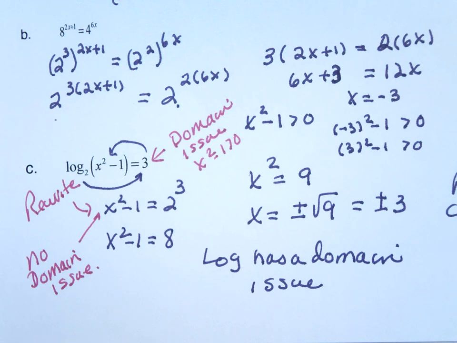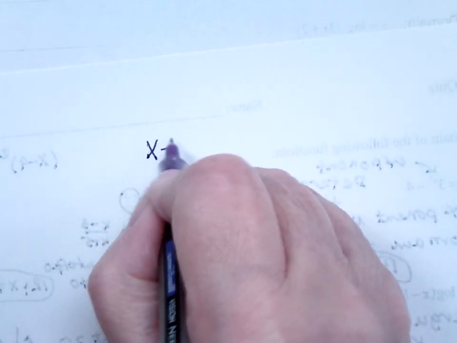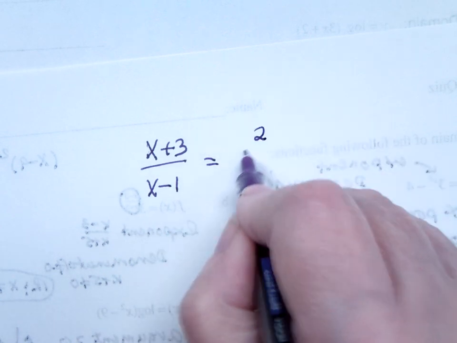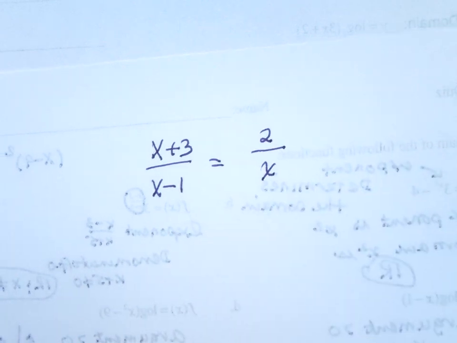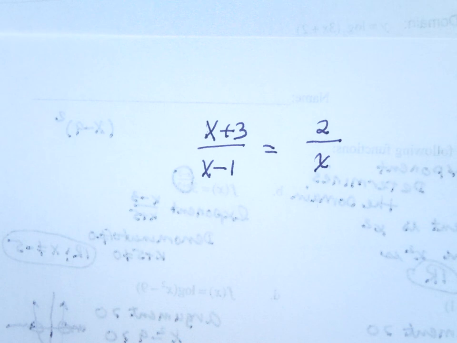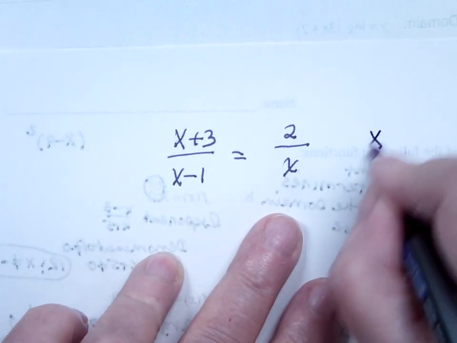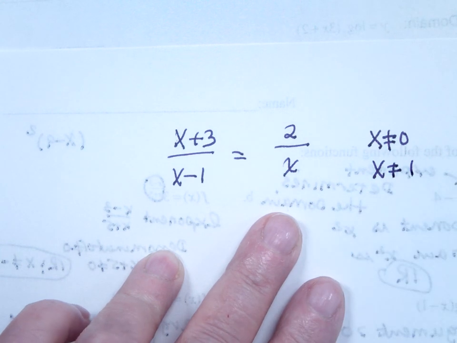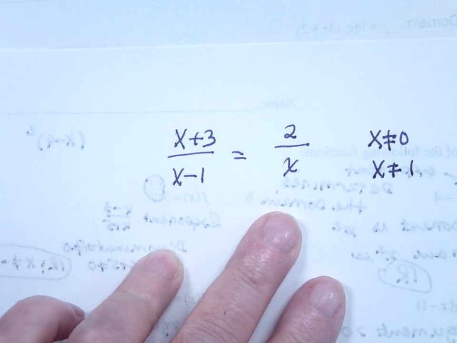And when you see that as this guy, suppose what I have is that x plus 3 over x minus 1 equals 2 over x. The original problem says that x can't be 0, x can't be 1, because I can't divide by 0. Right?